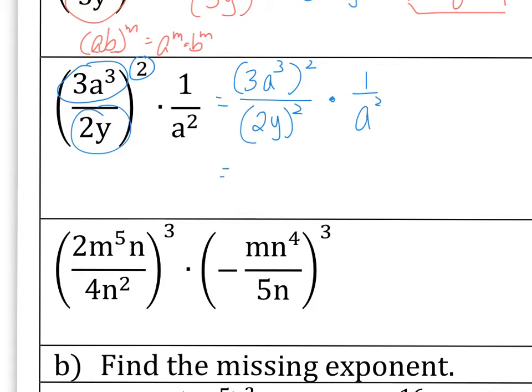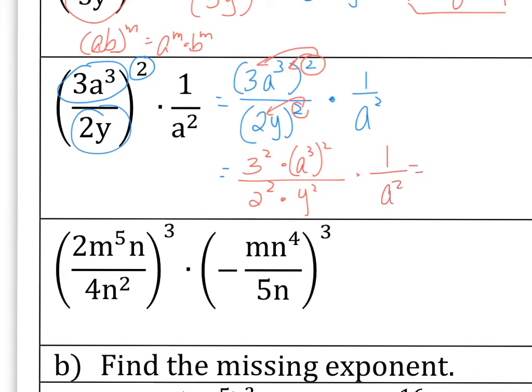And now I need to share the 2 with each of the factors in the numerator. 3 squared times a cubed to the second power over 2 squared times y squared times 1 over a squared.